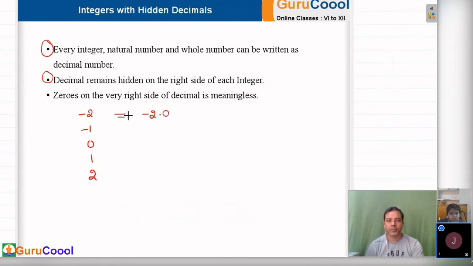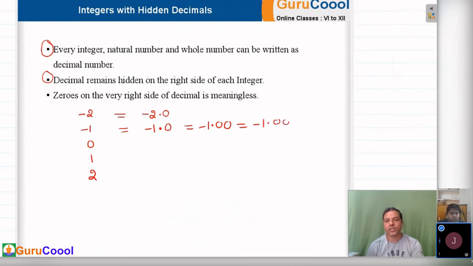They are the same. Similarly, minus 1 is actually minus 1 decimal 0. If you want, you can write two zeros, like minus 1 decimal 00. That's still the same. If you want, you can write three zeros, minus 1 decimal three zeros.